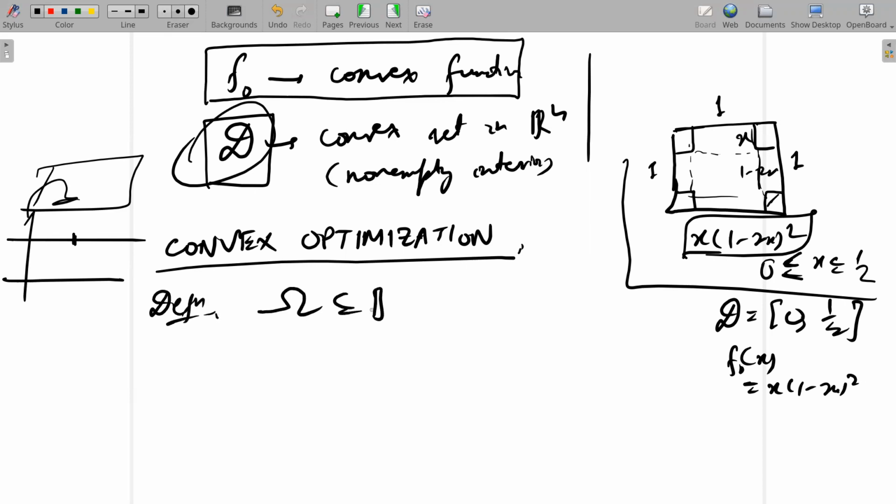Let's say Omega in R^n be a convex domain. A convex domain would mean it has some non-empty interior.